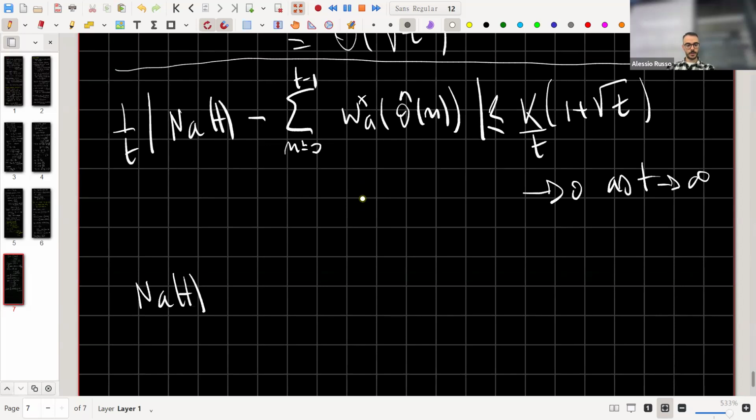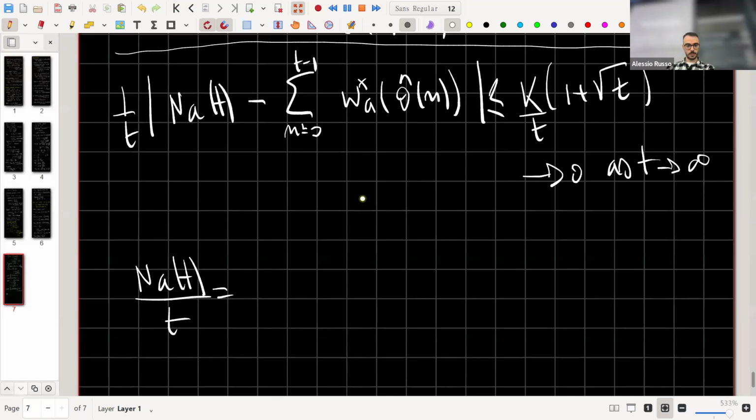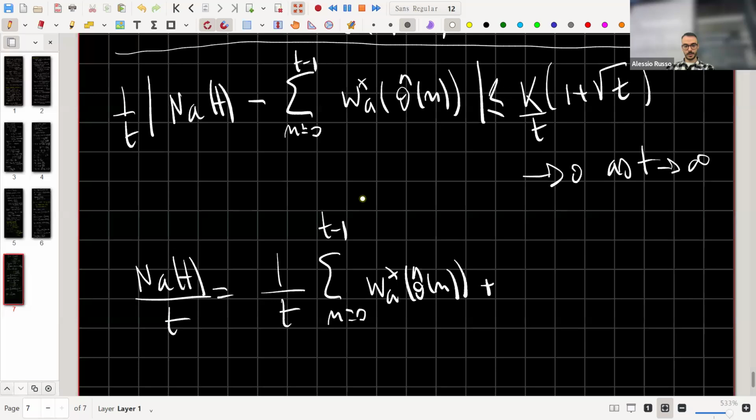So now if you write NAT divided by t as 1 over t, sum from 0 to t minus 1 of WA star theta hat n, plus NAT minus 1 over t times the sum from 0 to t minus 1 of WA star.